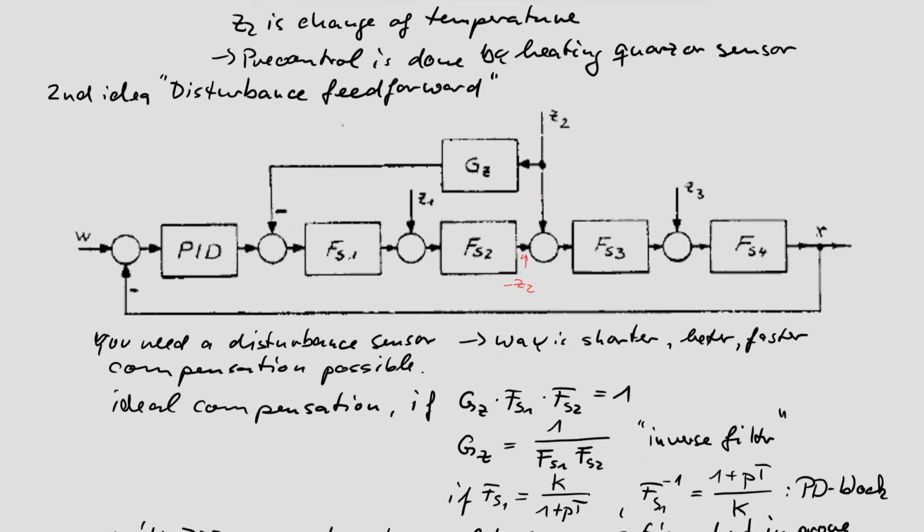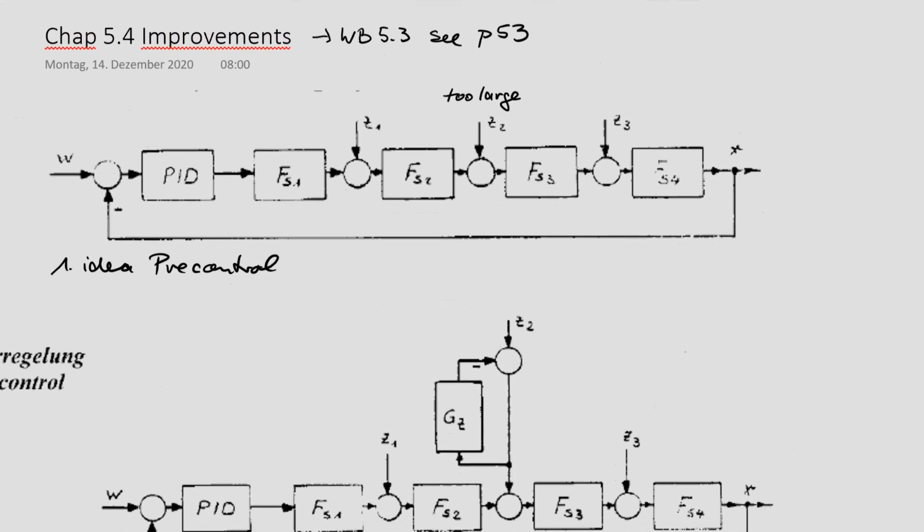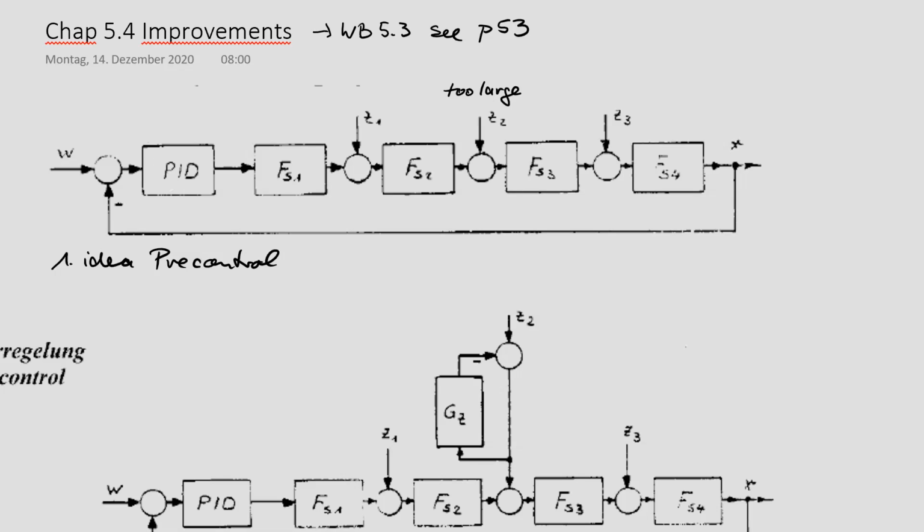Before I start with this question, think about the idea if one PID T1, note that here the PID is a name, the block name, but of course we know behind the PID there is always a PID T1 because you can't realize a PID. If one PID T1 doesn't fulfill the specifications relating to Z2, what happens if I add a second one? Can a second PID improve behavior?